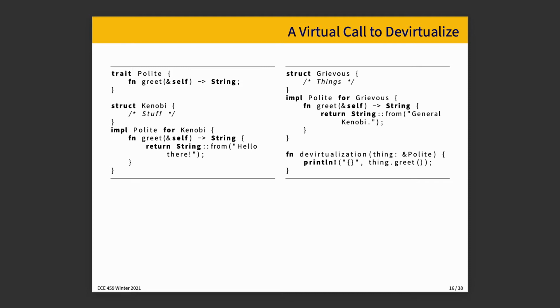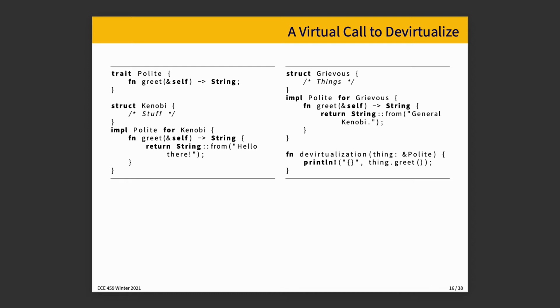Then we have a similar thing for the previous code. We have trait Polite, which has a function greet, and we have struct Kenobi and Grievous, and then the implementation of Polite says return String from "Hello there" and return "General Kenobi". Then the devirtualization function here takes a thing, which is a reference to something that implements the trait Polite, and then it does thing.greet.